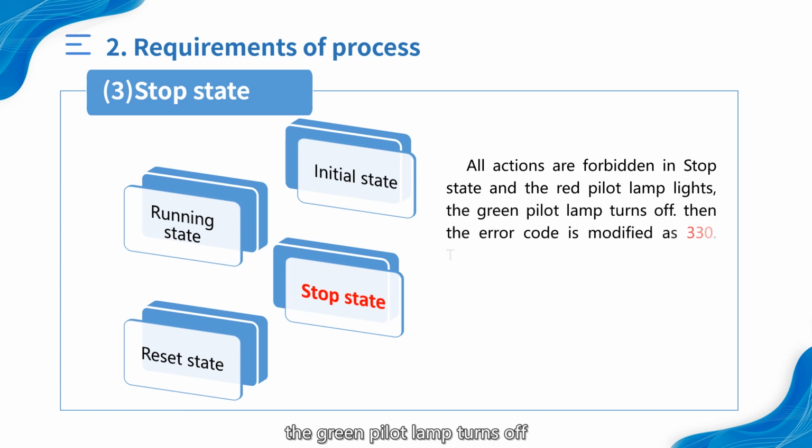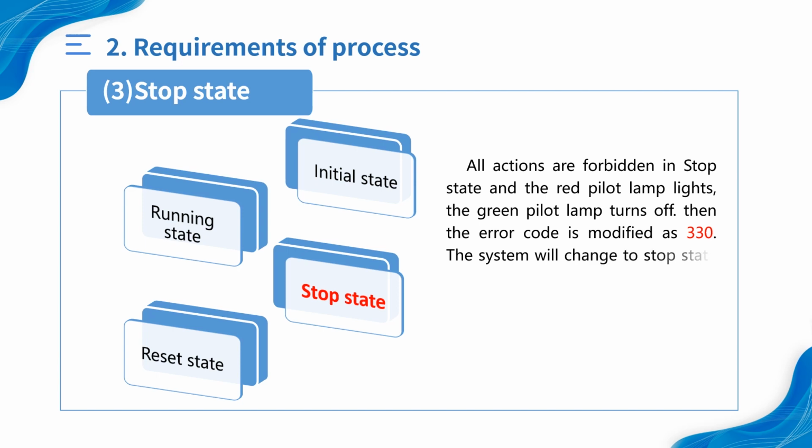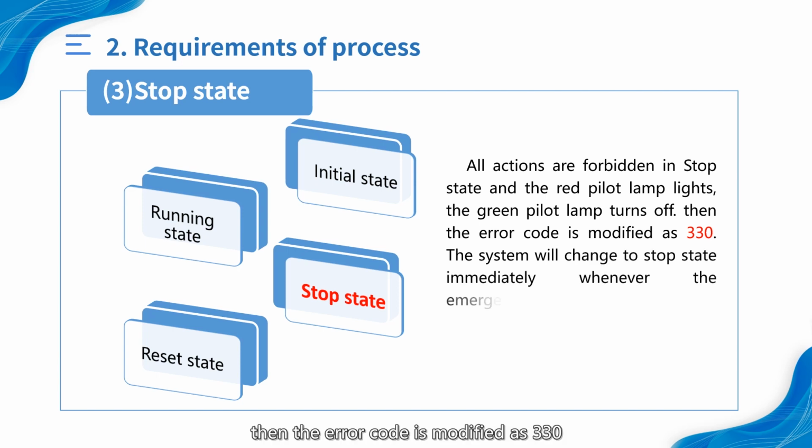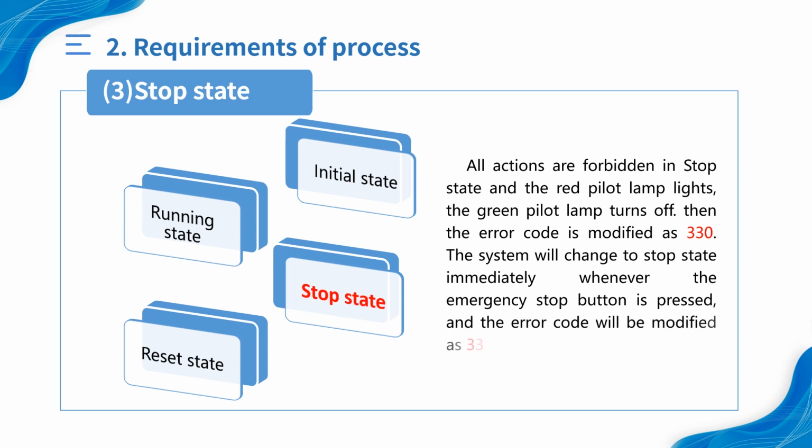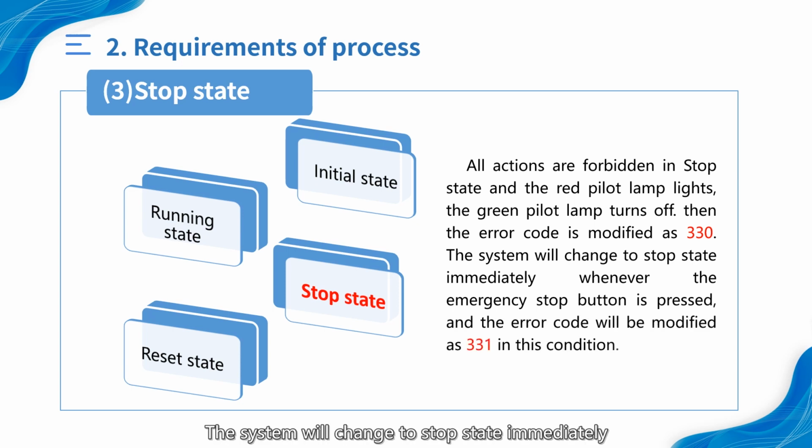The green pilot lamp turns off. Then the error code is modified as 330. The system will change to stop state immediately whenever the emergency stop button is pressed, and the error code will be modified as 331 in this condition.